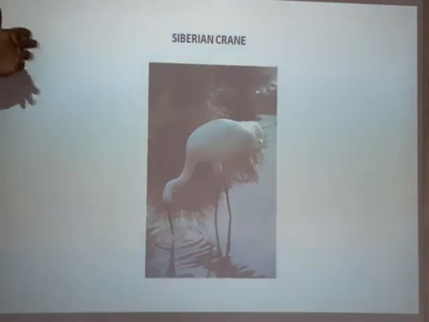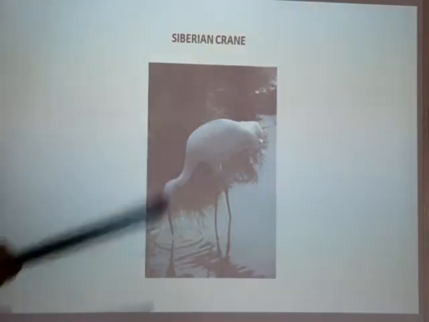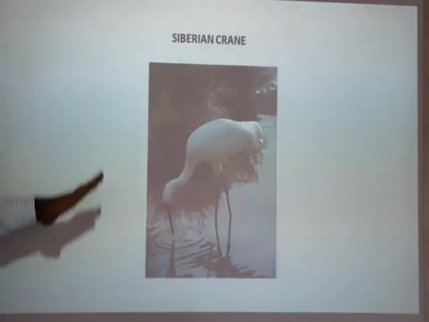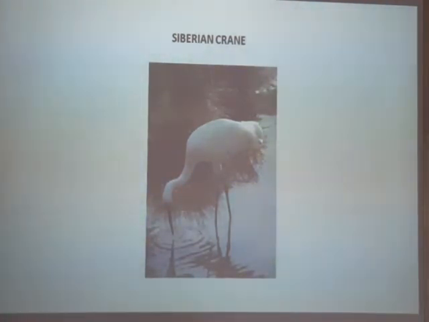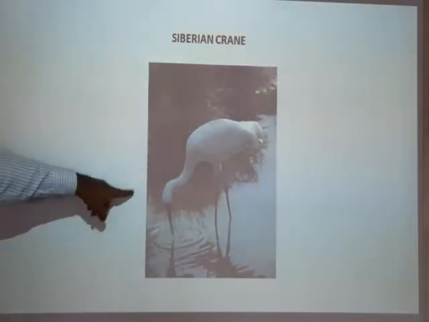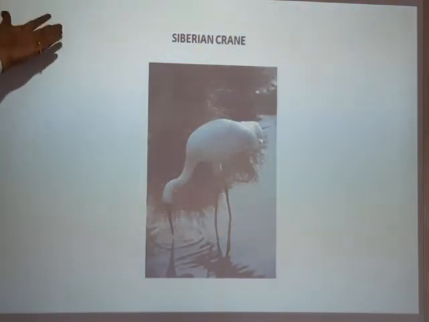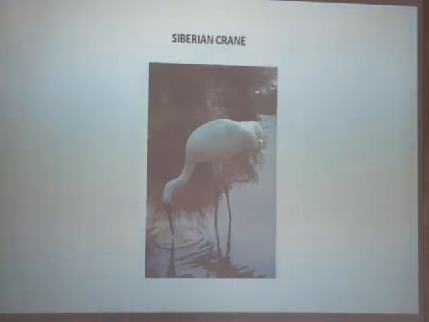Whenever the winter season sets in, they migrate to a warm place. One example is the Siberian crane. It migrates from the cold region to a hot region. Whenever the climatic conditions return to normal, it comes back home again. This is the Siberian crane. It can migrate from one place to another.